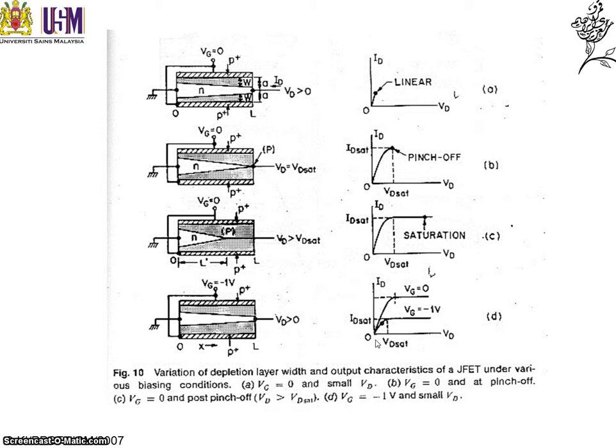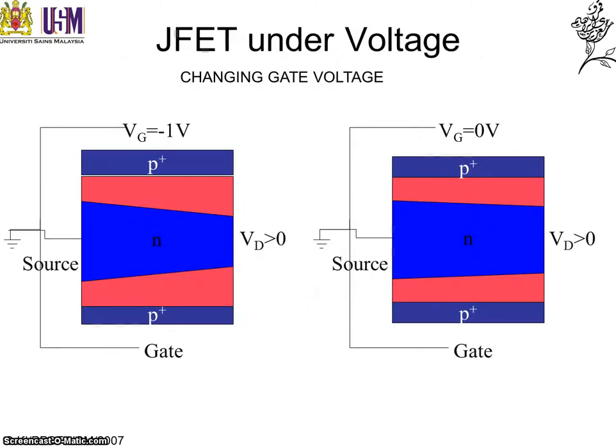Now, you can actually calculate this, but we'll first see what is happening when you change the gate voltage. Changing the gate voltage, as you can already see, at 0 volt, it's like this.